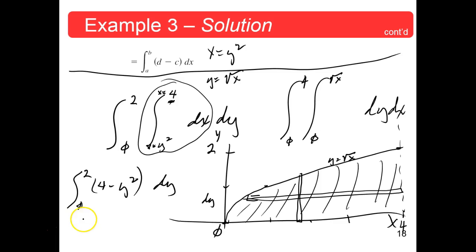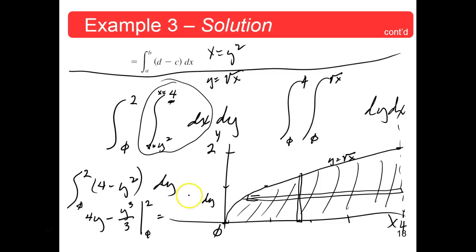What would that integrate as? Antiderivative of 4 is 4y, exactly. Minus, what's the antiderivative of y squared? Y squared. Antiderivative. Y cubed over 3. We'll evaluate that from 0 to 2. Okay? I'll do the 0 part, you do the 2 part.